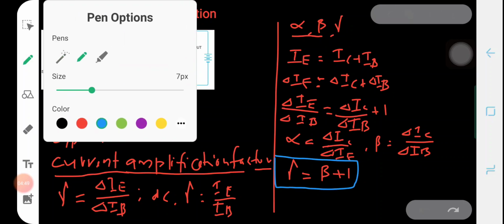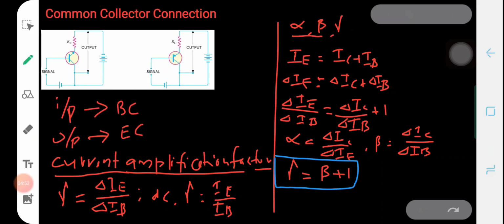Now we know that beta is given by alpha divided by 1 minus alpha. This is another expression for beta in terms of alpha. If we substitute it here, we have gamma is equal to alpha divided by 1 minus alpha, plus 1, which, if we cross multiply by 1 minus alpha, gives alpha plus 1 minus alpha.